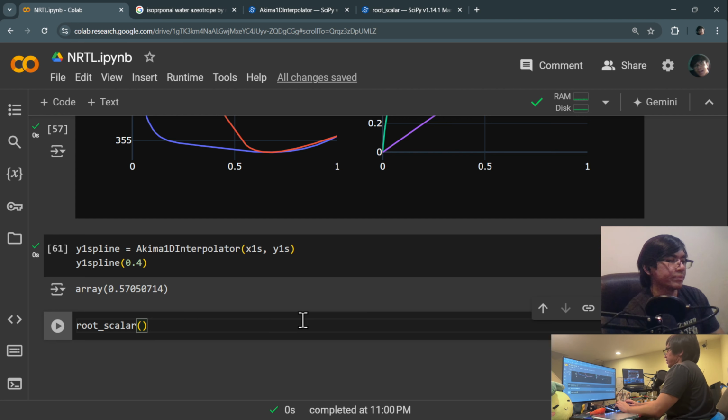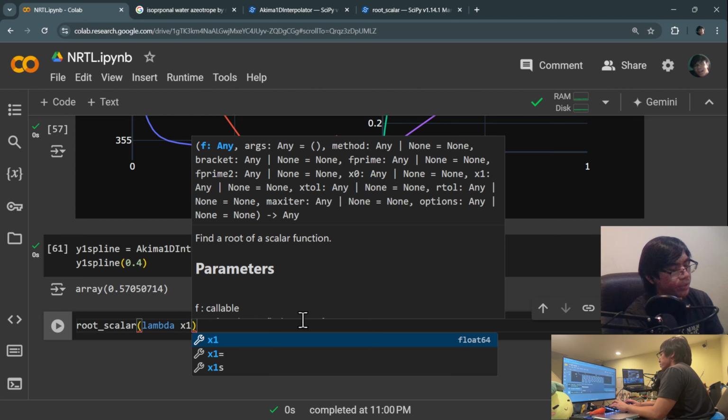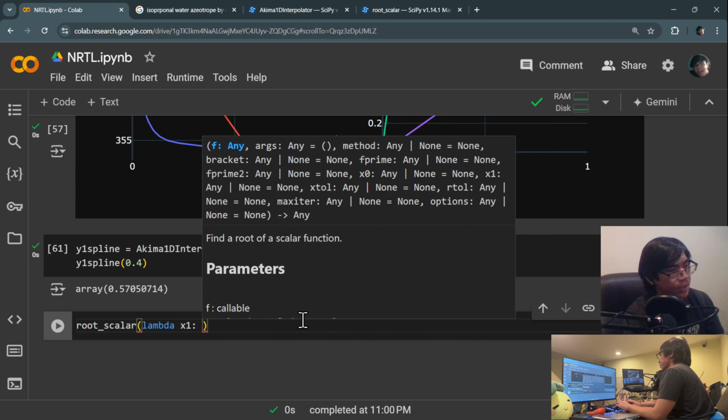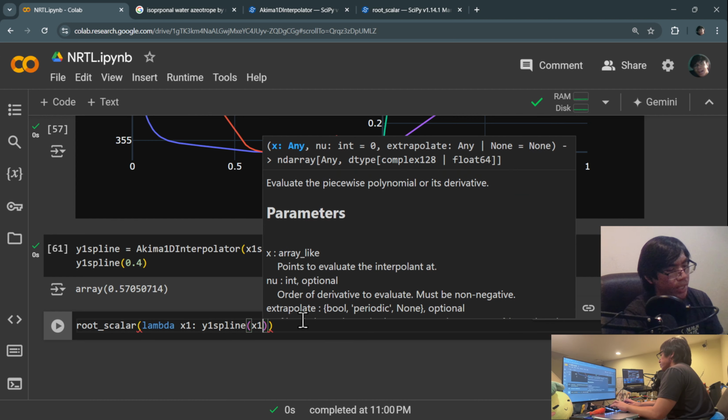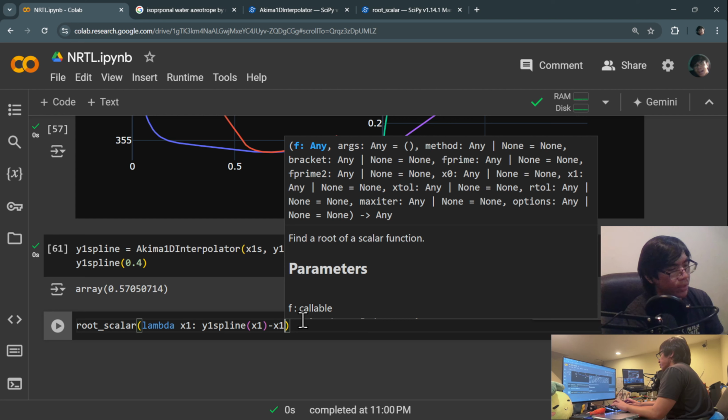Something like lambda of x1, and then we find the difference between our y1 spline of that x1 and our x1. I think that's right, since we want the y and the x to be equal to each other. So you subtract them, make them equal to 0. So the root scalar is zeroing that out.